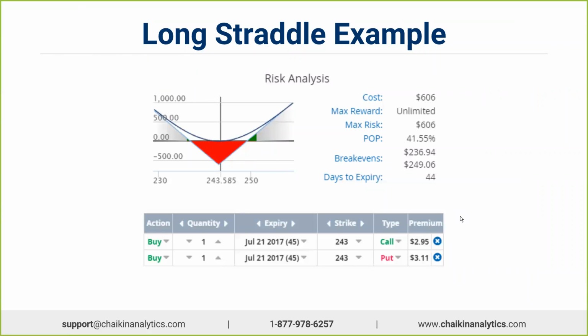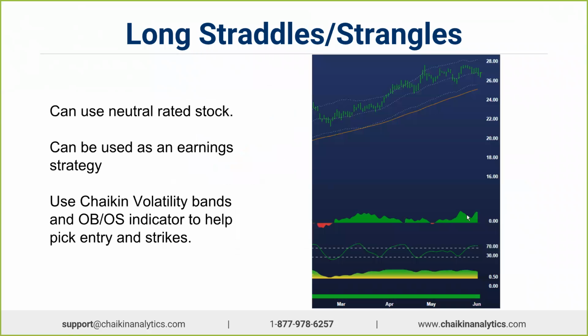So that's a long straddle. For these, you could use a neutral stock. It can be used as a great earnings volatility play. Something like this, I would want to catch somewhere near the middle, right?